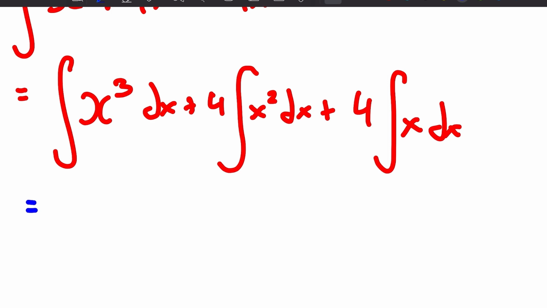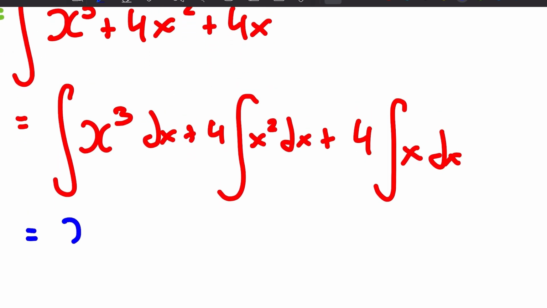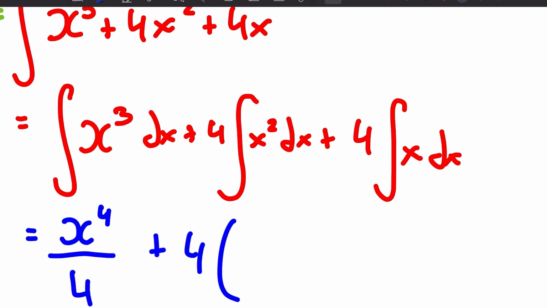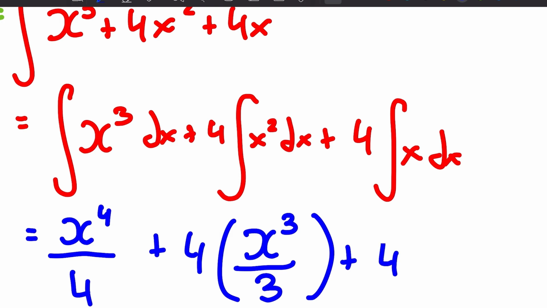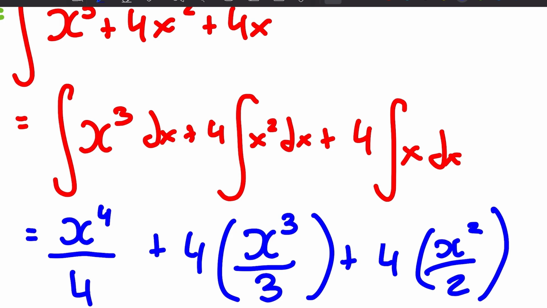So this is going to be equal to add 1 to the power, which is x to the 4, divided by the new power, which is 4, plus 4 times add 1 to the power, which is 2 plus 1 is 3, over 3, plus 4 times add 1 to the power, which is x to the 2 over 2. And perfect.